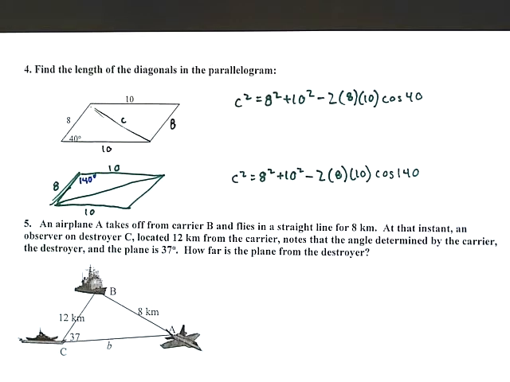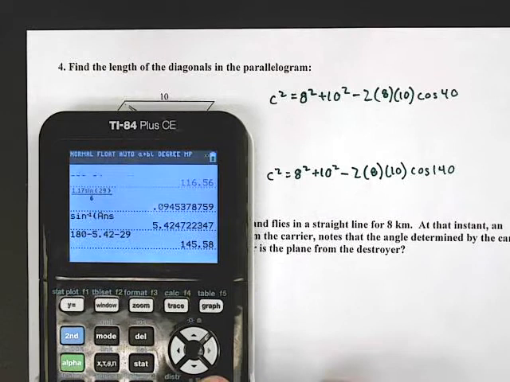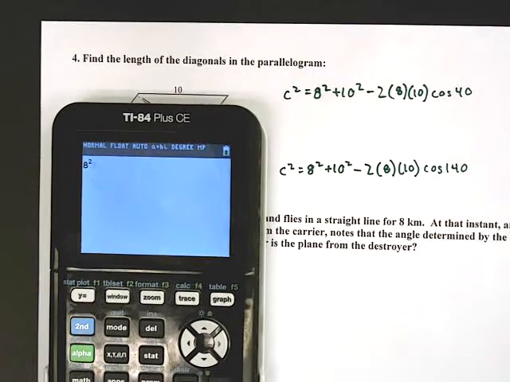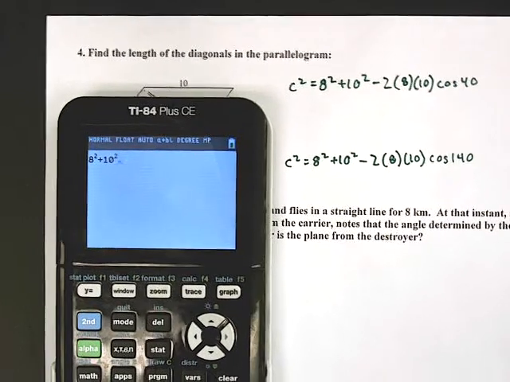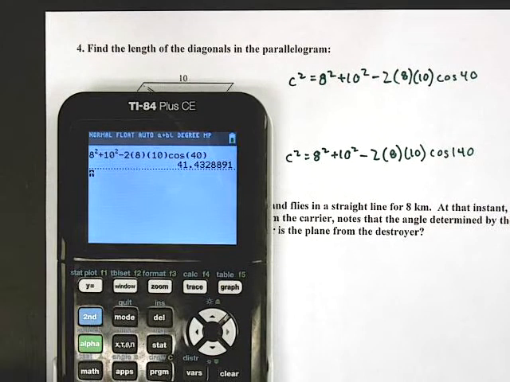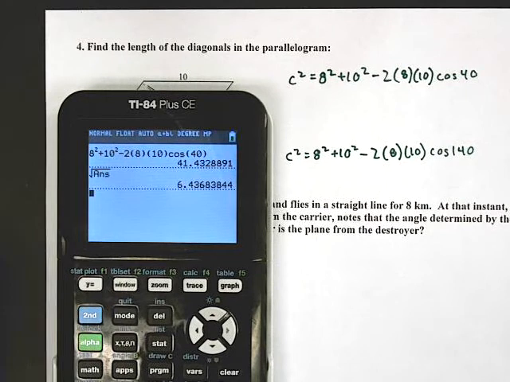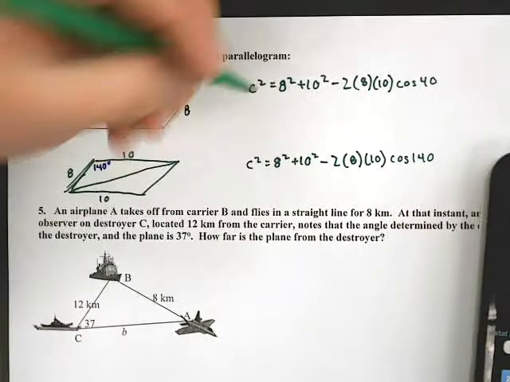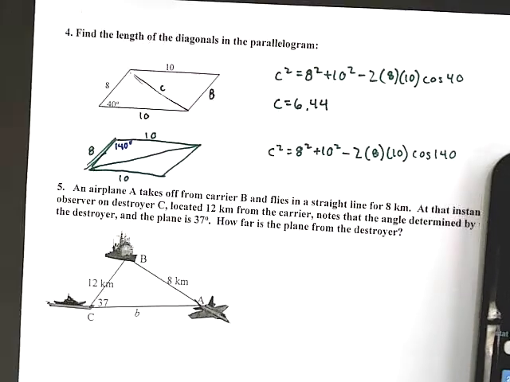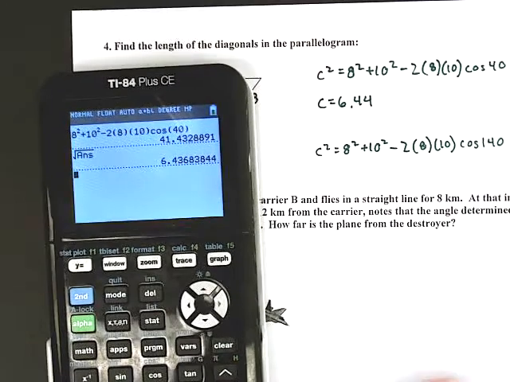So we would go to our calculator and plug this in. So, 8 squared plus 10 squared minus 2, 8, 10 cosine 40. And we would have to take the square root of that to get 6.44. And in our other option, it would be a little different.